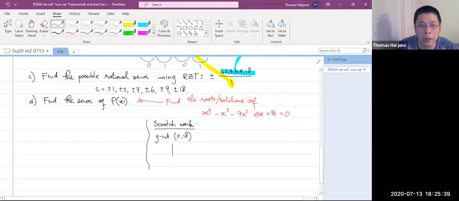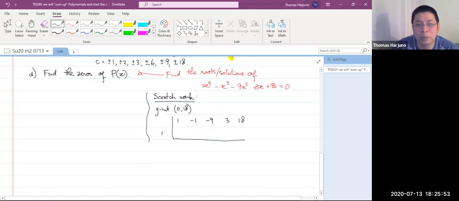Now let's try when x equals 1. The coefficients are 1, negative 1, negative 9, 3, 18. Actually, P of 1 equals the sum of the coefficients, because you replace x by 1.